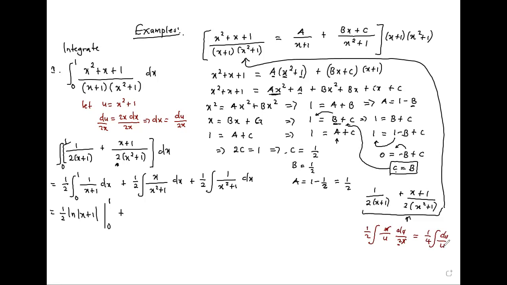When such a thing happens, we bring in ln. So we have 1/4 ln of x squared plus 1. Now we just put brackets and not the modulus because x squared plus 1 will forever be positive for any value of x. I get it from 0 to 1, plus.